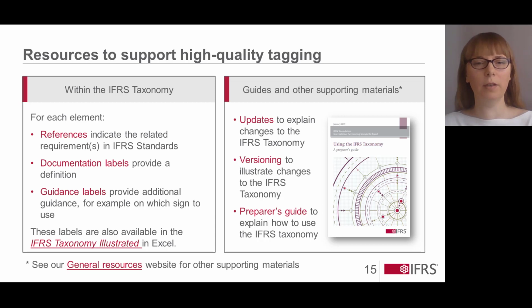For example, a sample of illustrative examples from IFRS standards which are tagged using IFRS taxonomy elements. IFRS taxonomy formula that allows automatic check for some errors in the filing. Or XIFRS, which shows IFRS taxonomy elements located next to appropriate paragraph of IFRS standard.